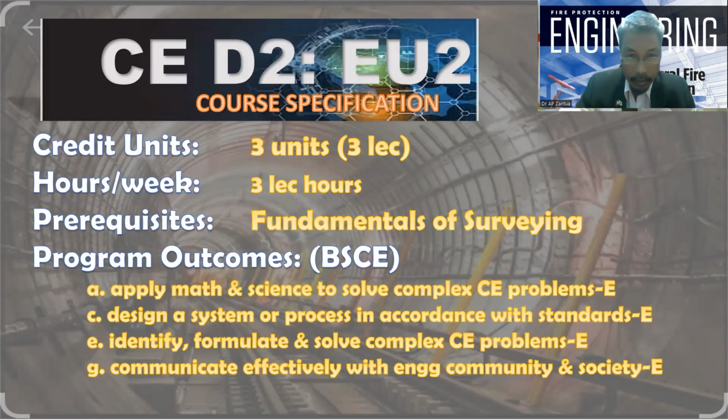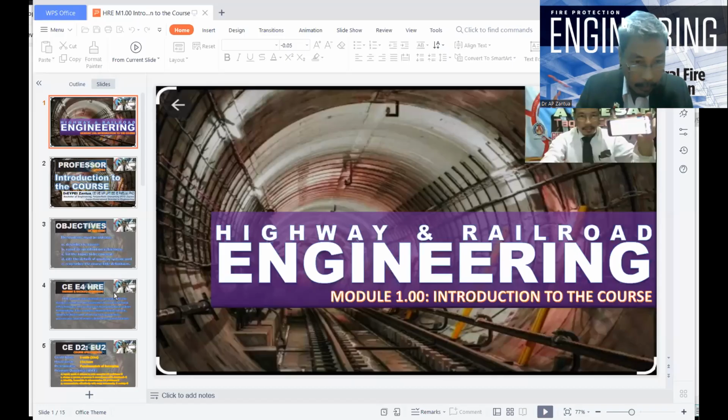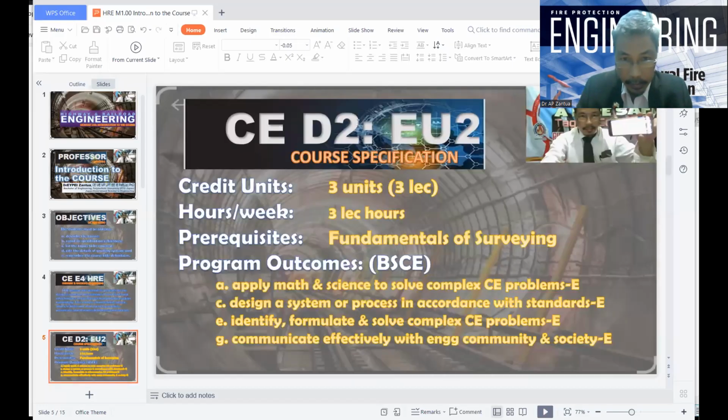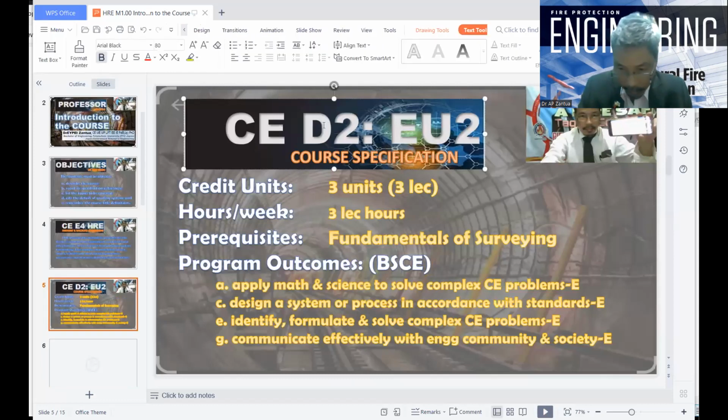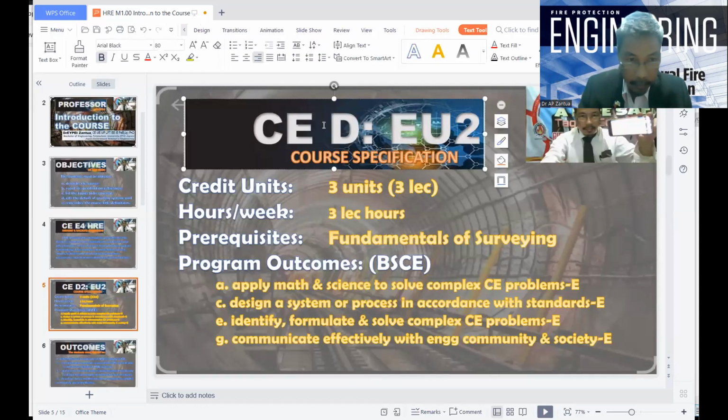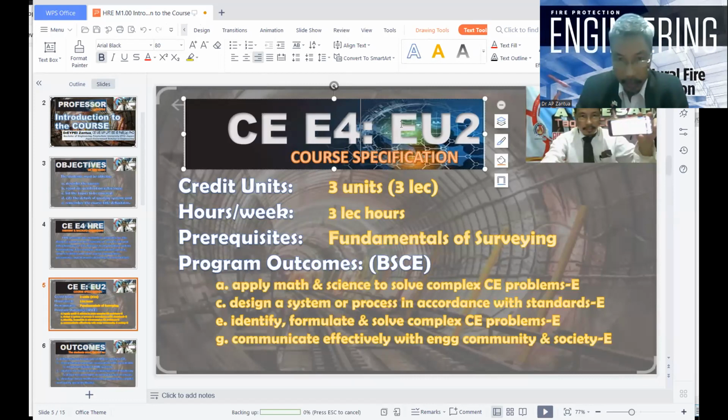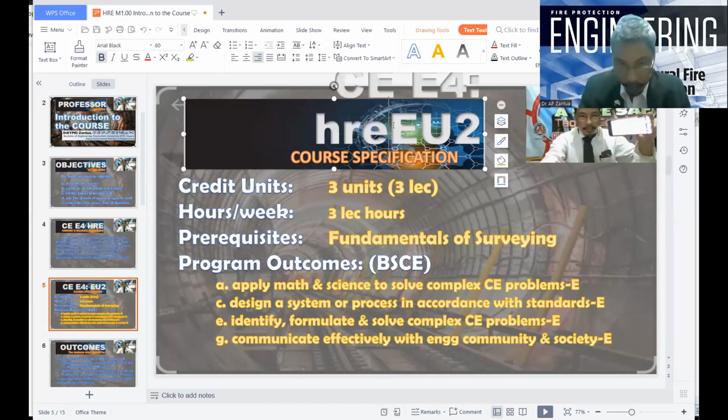To continue, so this is wrong. So this is copy pasted from the previous one. So this must be what? CE E4. And this must be HRE.